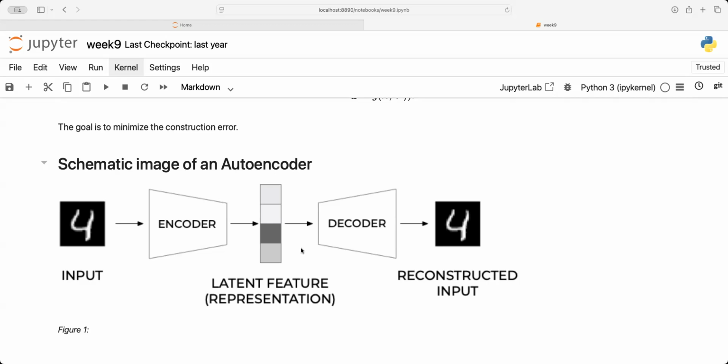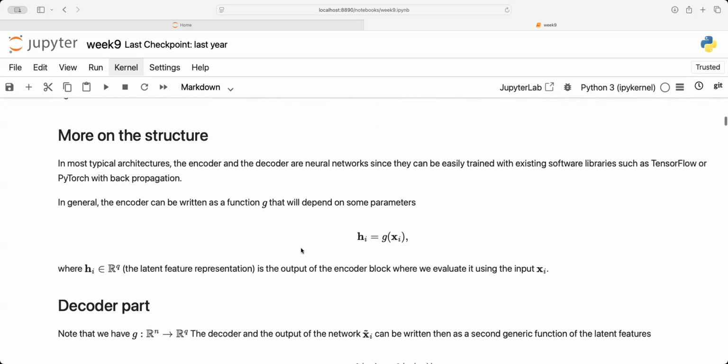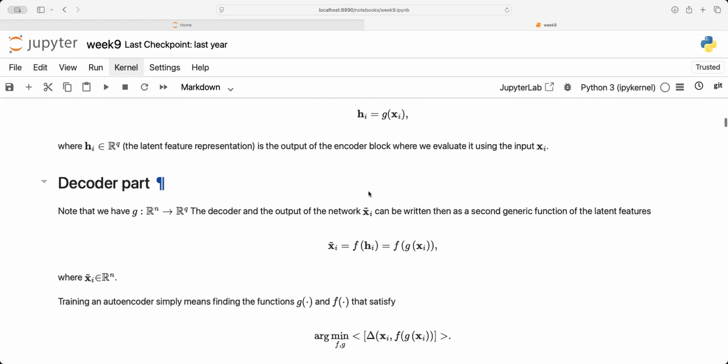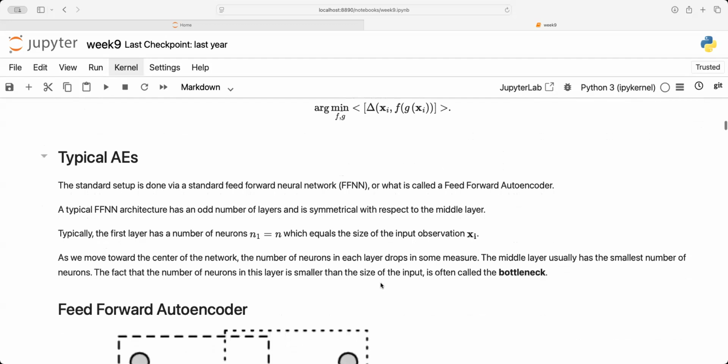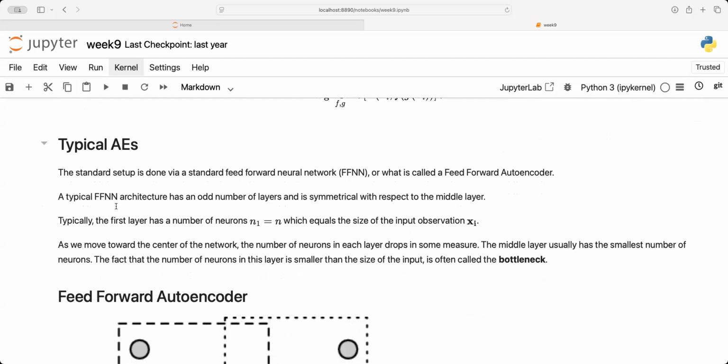So the basics of the method then is to have a part here, which is given like this. And at the end, we want to optimize some function which minimizes the difference between the input and the outputs. And a typical feed-forward or autoencoder contains a feed-forward architecture.